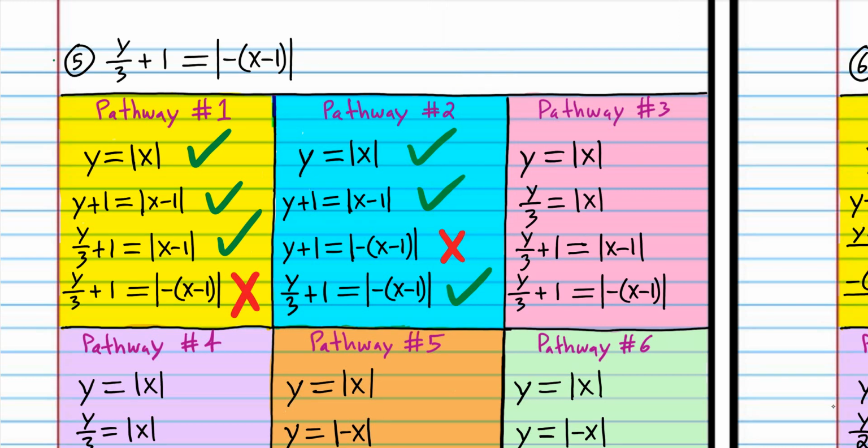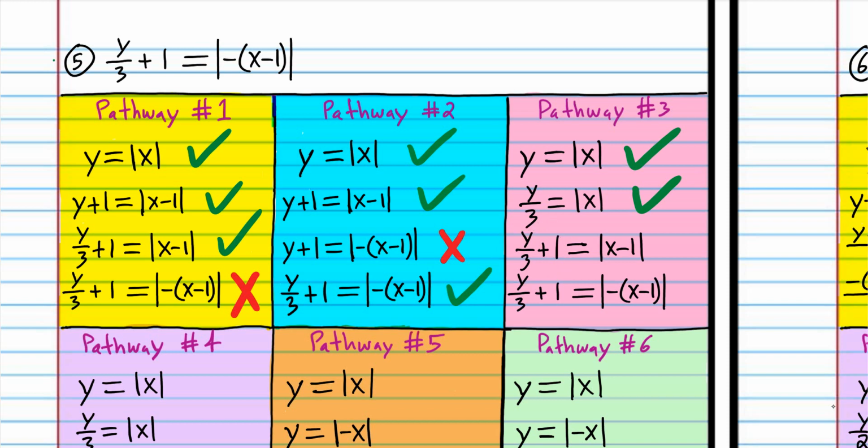We have the parent equation. We're replacing y with y over 3. That tells us to multiply all the y values by 3 in the previous graph of the equation. Then we're replacing x with x minus 1. That's okay. That tells us to move the graph to the right 1 unit. But here's the problem.